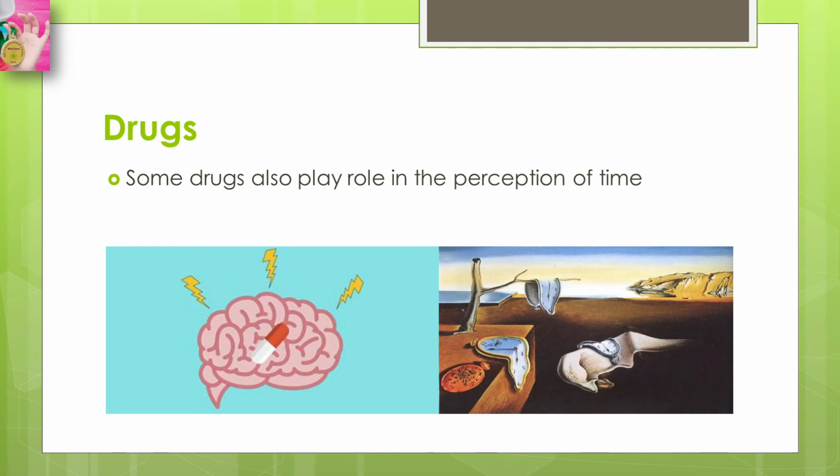How drugs play a role in affecting the perception of time, or temporal perception, and how or why drug is considered as one of the factors. Now, some drugs such as amphetamine or cyclopentolate have been found to influence perception of time interval.